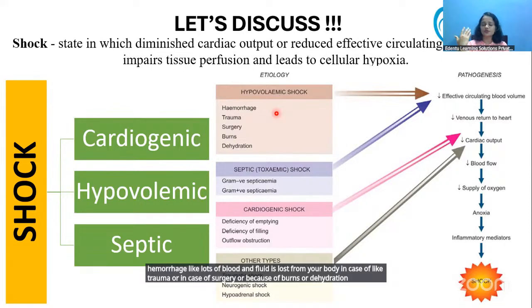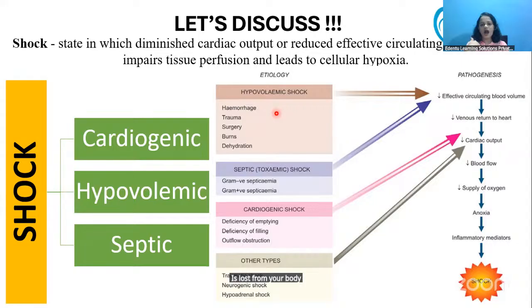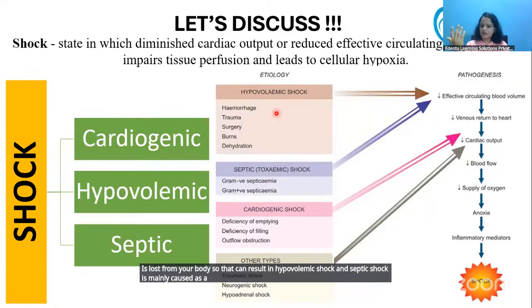And septic shock is mainly caused as a result of septicemia from gram positive or gram negative bacteria. Usually the ones causing septic shock are gram negative bacteria, but you can see it with gram positive bacteria also.